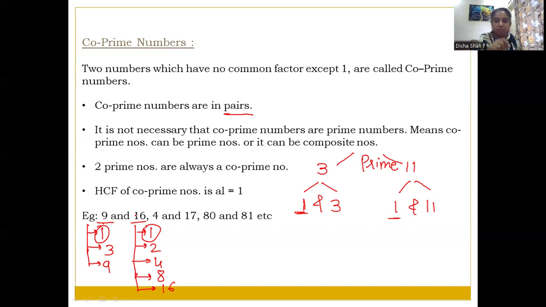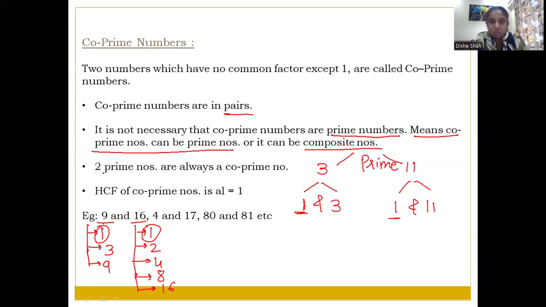So this type of numbers are also called co-prime numbers. So it is not necessary that co-prime numbers are prime numbers. Even composite numbers can also form a pair of co-prime numbers.